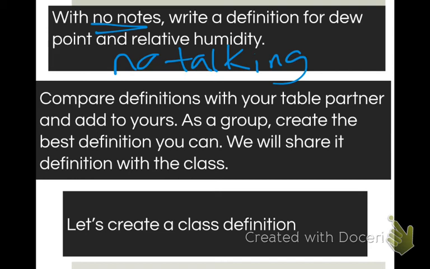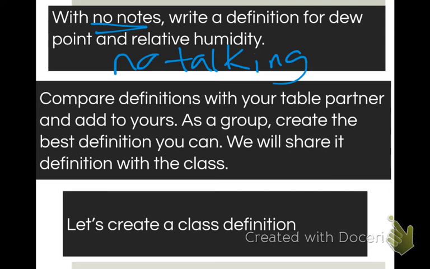Once you have done that, within your table group is when you are going to compare your notes. So with your table, you can say, this is my definition of dew point. Everybody reads theirs. This is my definition of relative humidity. You can all read it to one another. And then as a group, you'll combine the little pieces of each definition to create the best possible definition you can.